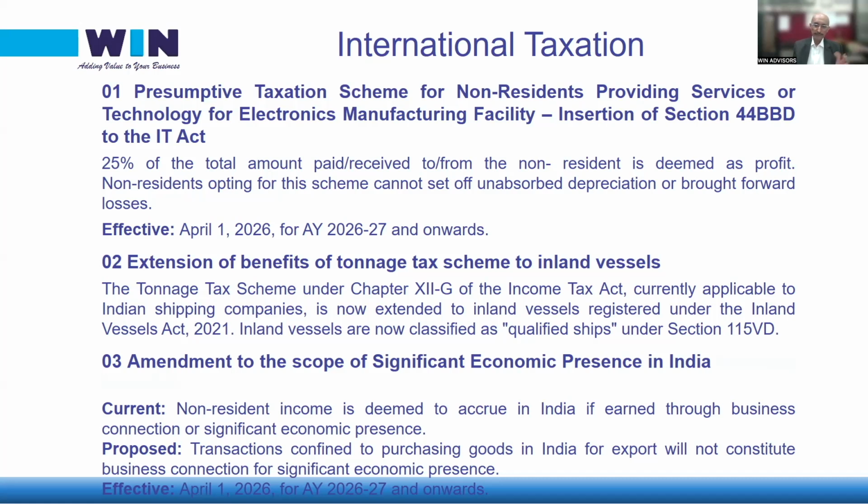So the same rate of tax will apply to the ULIP where your annual contribution is more than 2,50,000. If it is less than that, it will anyway be exempt. So like that, there are small benefits or changes in the tax laws. I think I have covered most of it in terms of economy and direct tax.